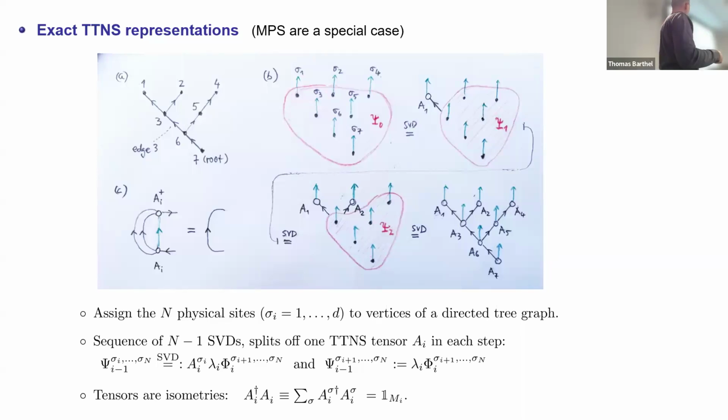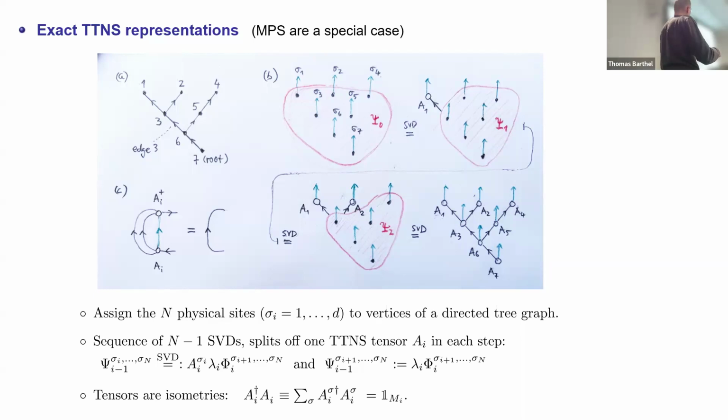Now to get a tree-tensor network, we start splitting off one tensor after another. In the first step, we do a singular value decomposition of this big tensor psi, where you group the indices 2 to 7 into one super index and do just a matrix SVD.